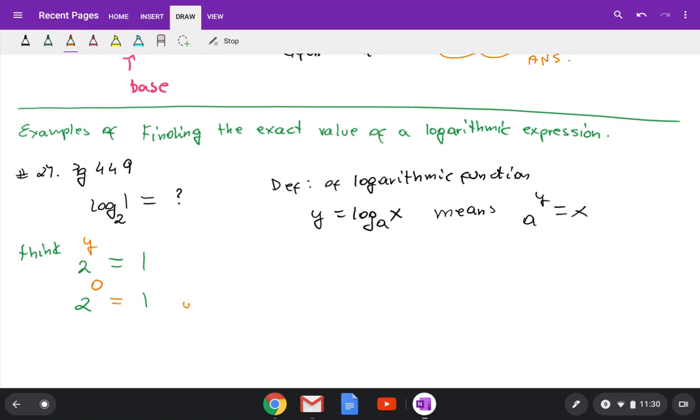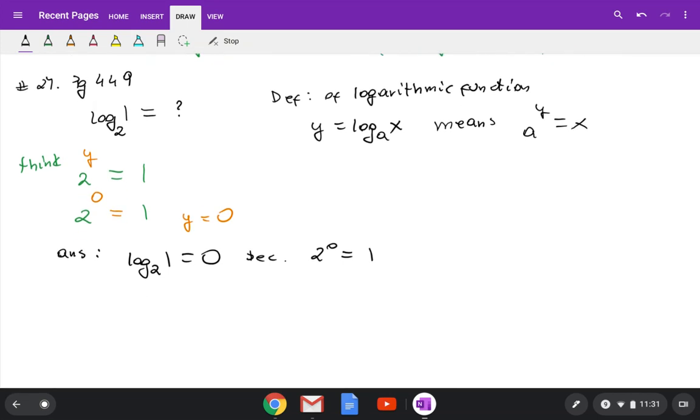That means y is equal to 0. So the answer: logarithm of base 2 of 1 is equal to 0, because if you change that to exponential, 2 to the power of 0 is equal to 1. Okay, so that was the answer, 0.